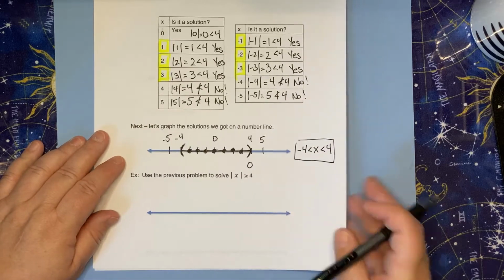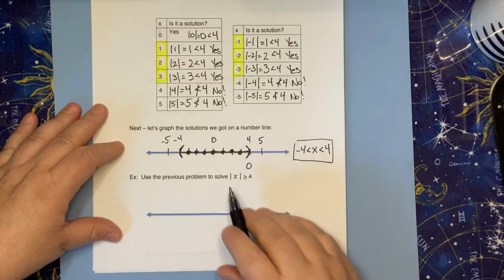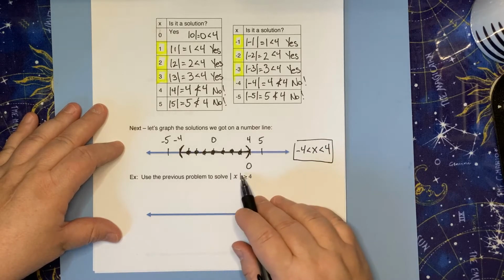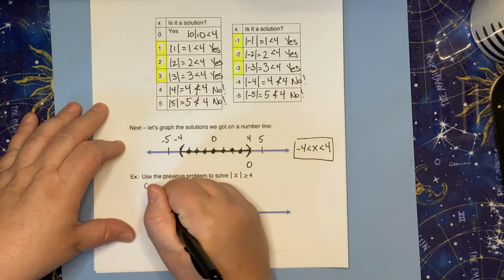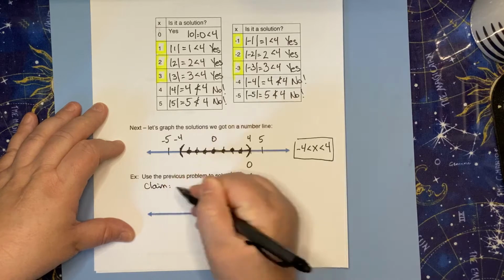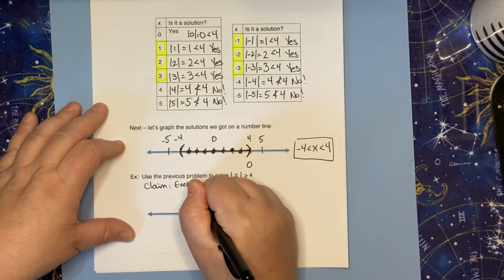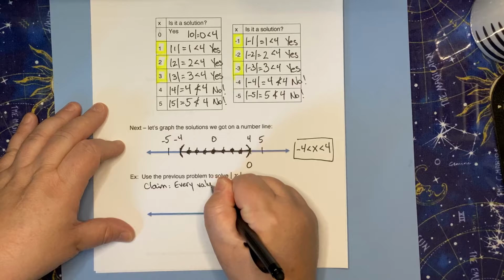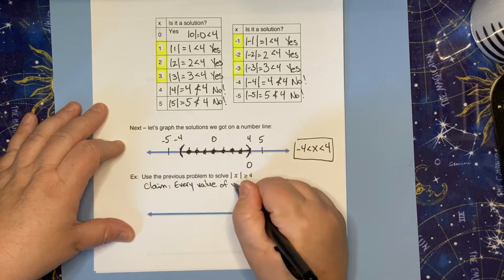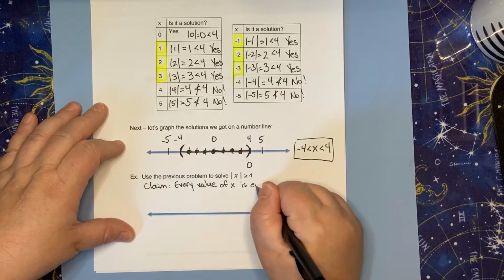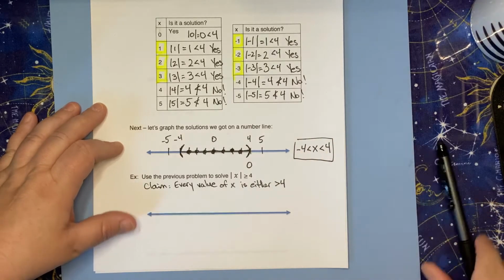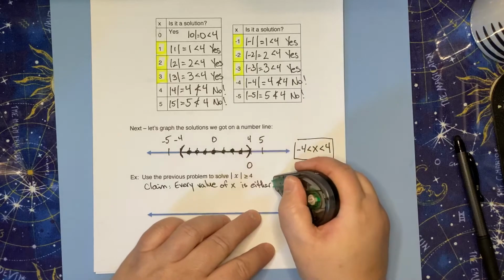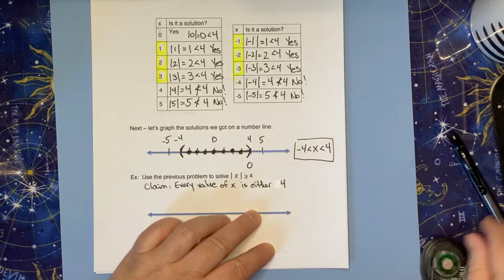So use the previous problem to solve the absolute value of x is greater than or equal to 4. And here's what I'm going to claim. Claim: every value of x is either less than, or sorry, I said less than and my brain totally didn't help me with that one.